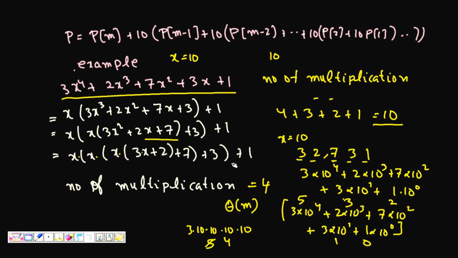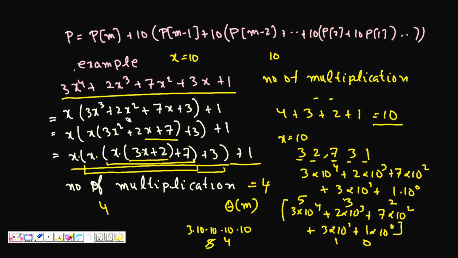If we try to evaluate this, how many multiplications are we doing? 1 multiplication for 3x, then this is some number, we do x into this number, second multiplication, now we have got this bigger number, x into this, third multiplication, now we have got another bigger number, so x into this. So we need 4 multiplications, which is equal to the power of x, 4.